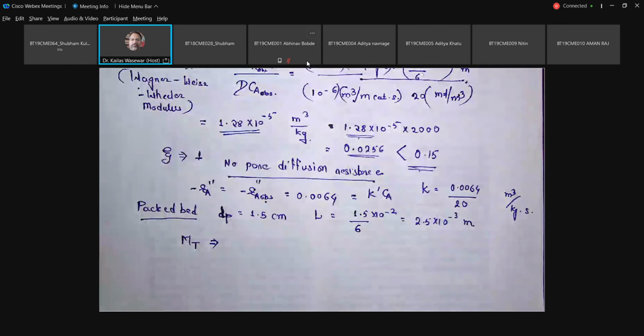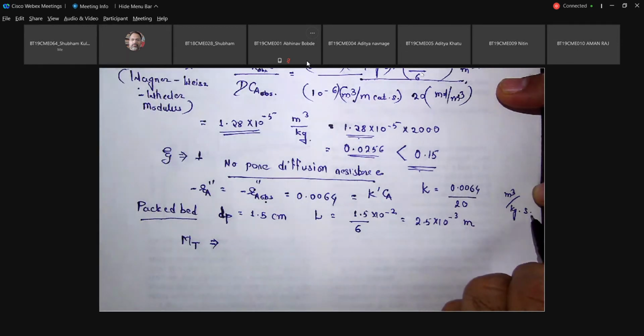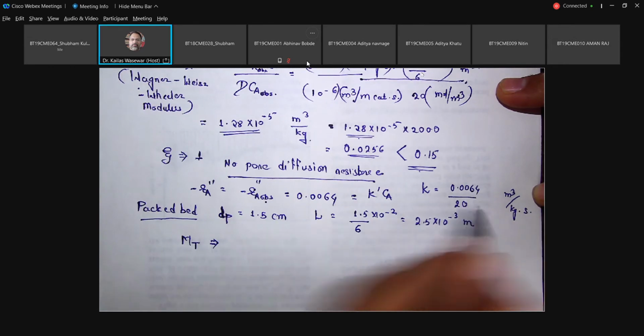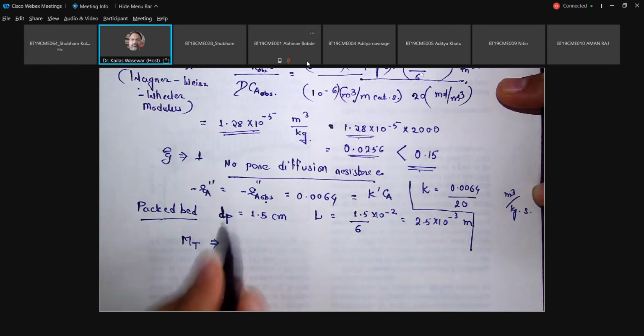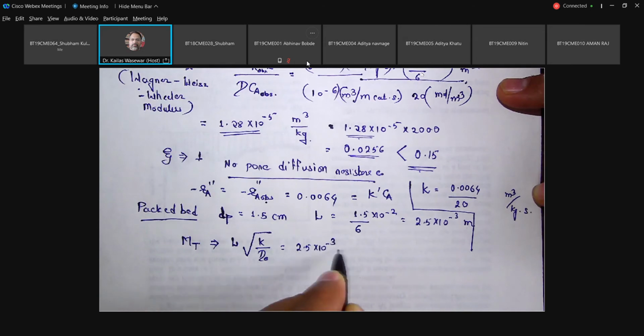Is it? So now this again you can convert into per unit time. Okay. So this K, you can multiply with your rho. The definition of this Thiele modulus is L times the square root of K upon D. L is 2.5 into 10 to the power minus 3 meter.